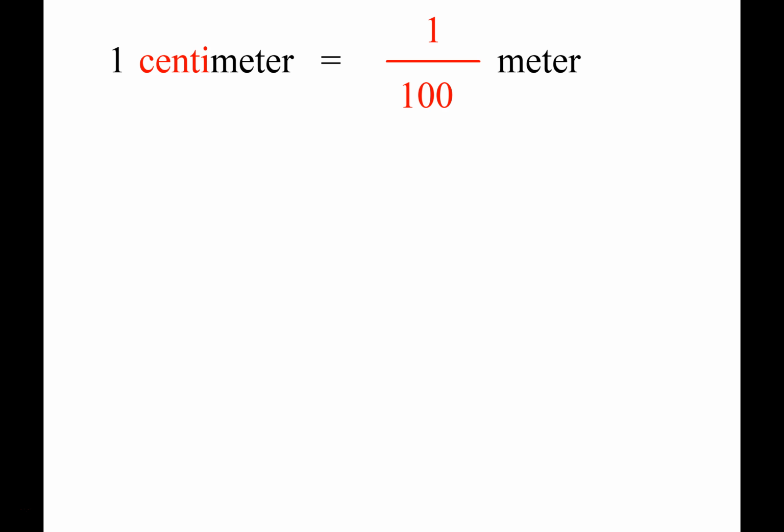So picking on the prefix centi and the unit of measurement meter, we could say that 1 centimeter is equal to 1/100th of a meter, because the prefix for centi is 10 to the minus second. Right?